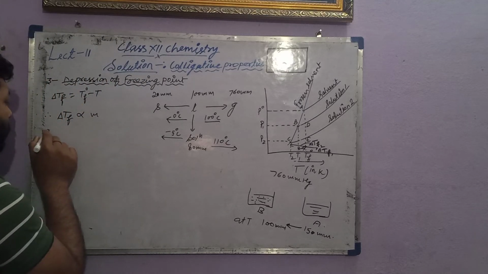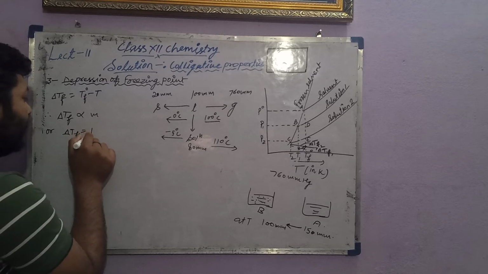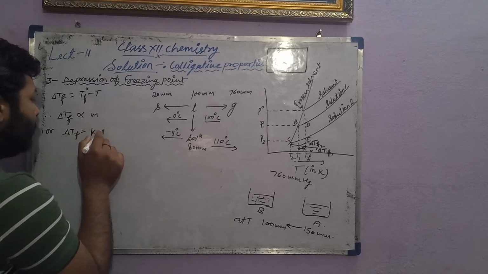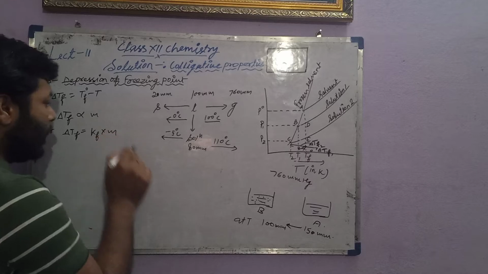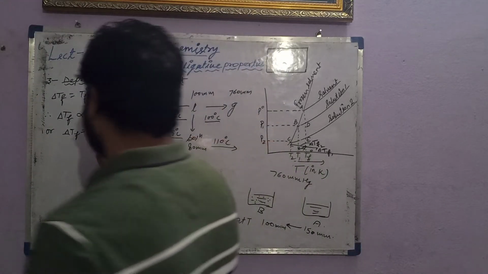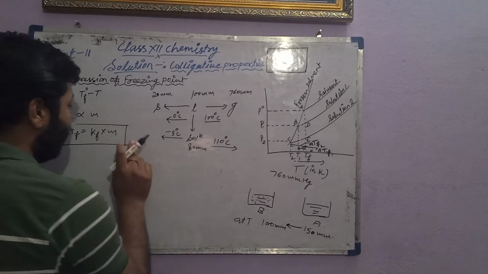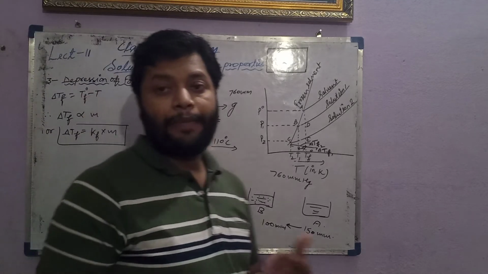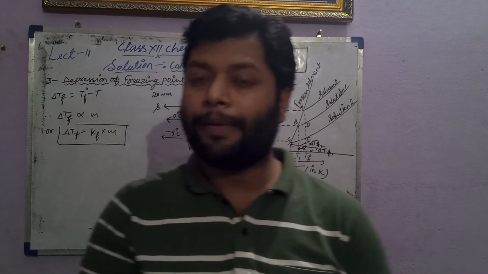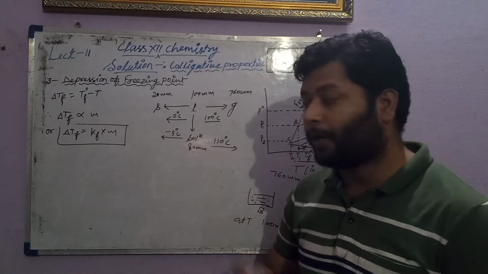When you remove the proportionality sign, there is one constant called the cryoscopic constant, also known as the molal depression constant, Kf. For water, the value of Kf is 1.86. The unit can be derived with the help of the formula.